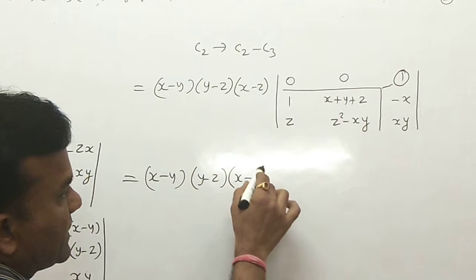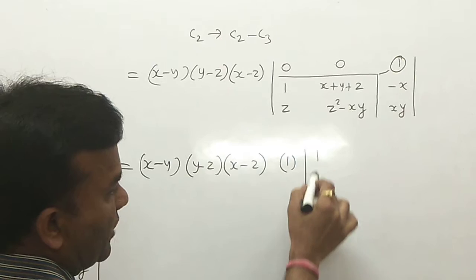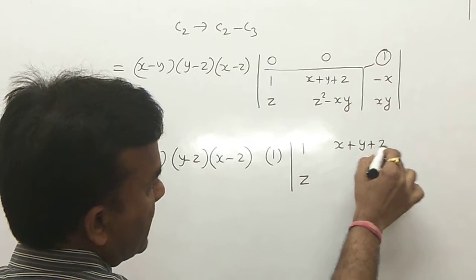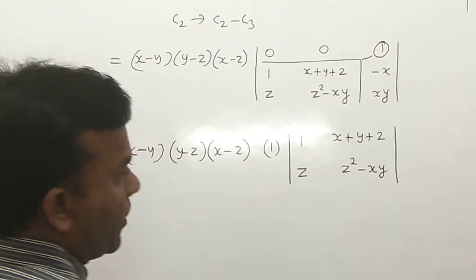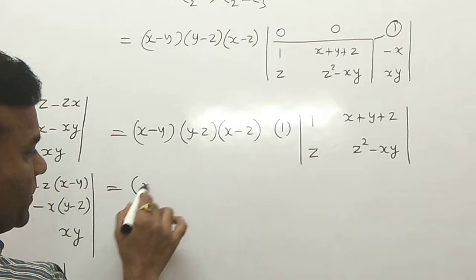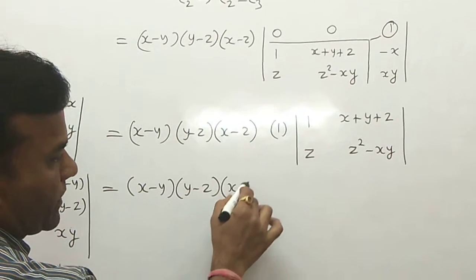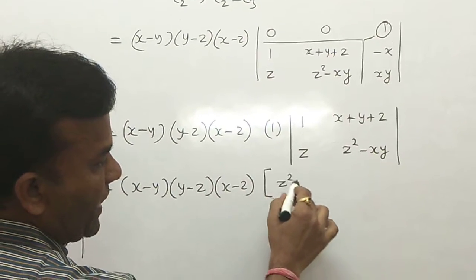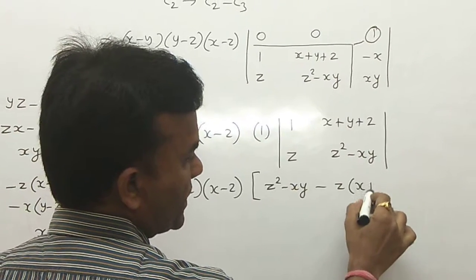So you put as it is this term, and you have a 1 as a multiple value, and the rest of the values you put in the determinant, x plus y plus z and z square minus xy. Okay, then you multiply. So you have 1 into this value z square minus xy, and minus z times of x plus y plus z.